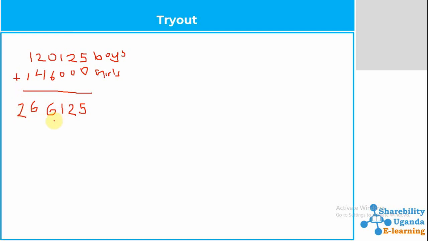So this simply means that the total number of pupils who sat for the exams were 266,125.